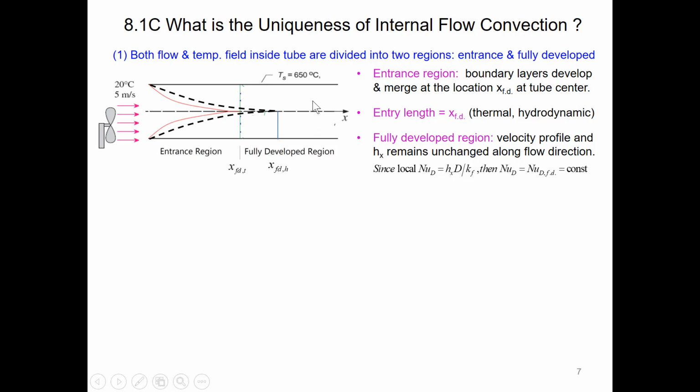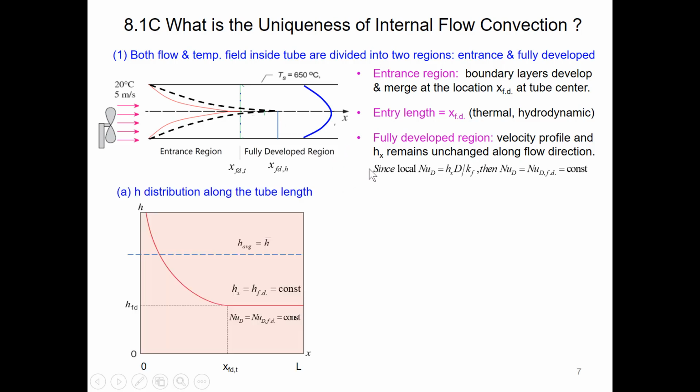In the fully developed region, the velocity profile remains unchanged along the flow direction. The local heat transfer coefficient is also remaining unchanged along the flow direction.